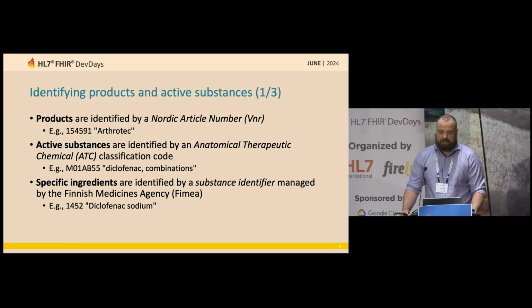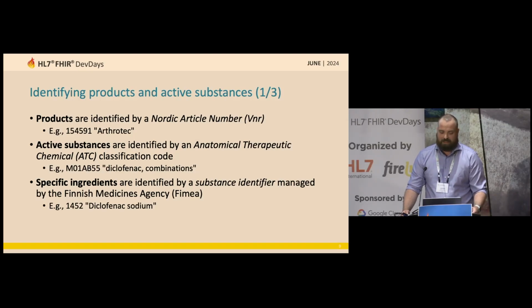So in Finland and in most of the Nordics, the way that medical products are identified is by something called the Nordic Article Number, or VNR. It's a 6-digit code that points to a particular product that has a market authorization. The active substances of these products are classified using ATC.